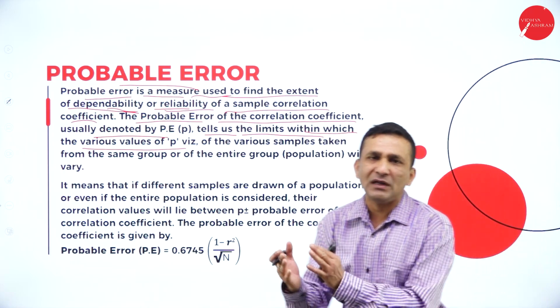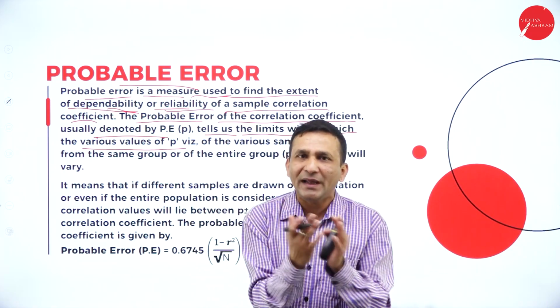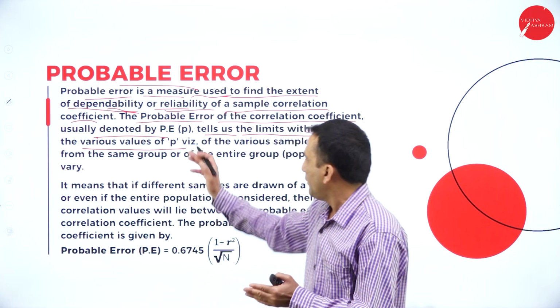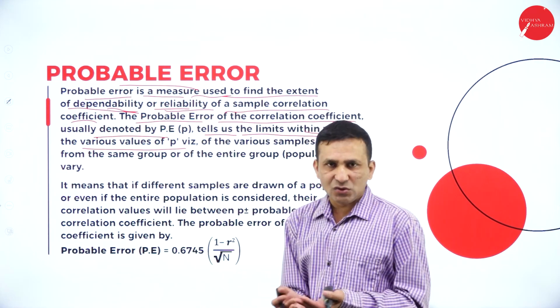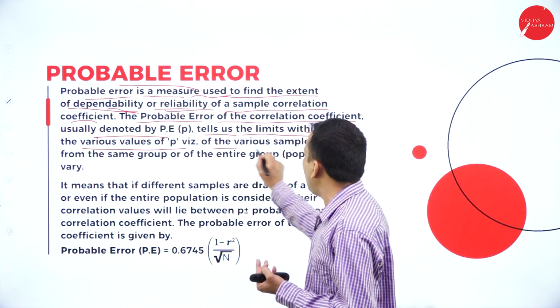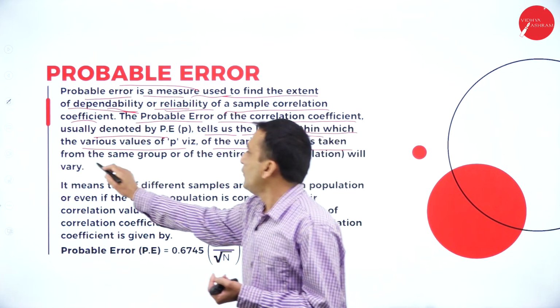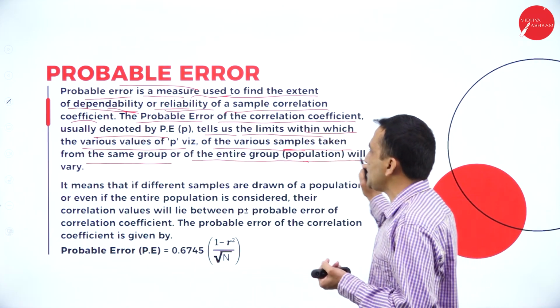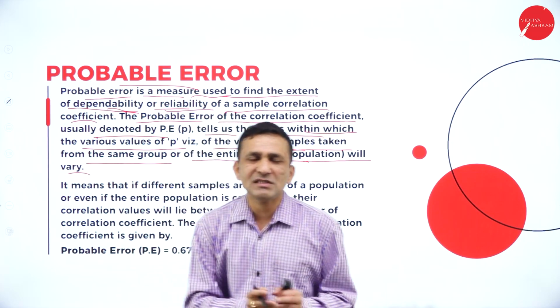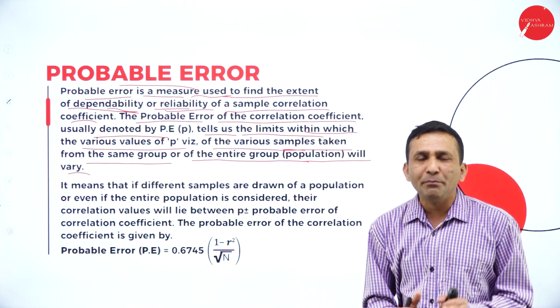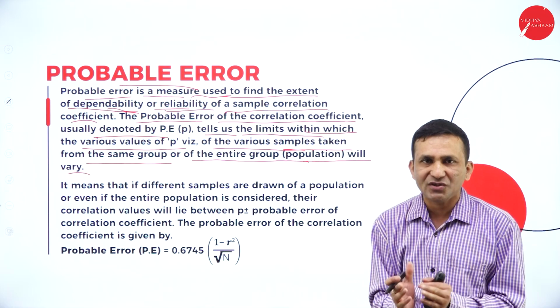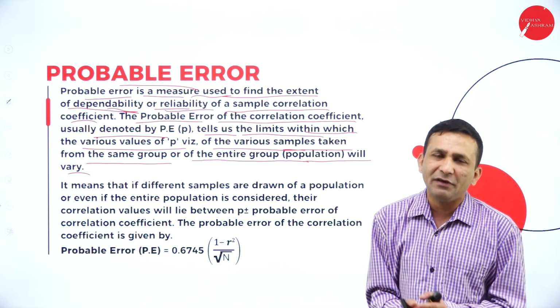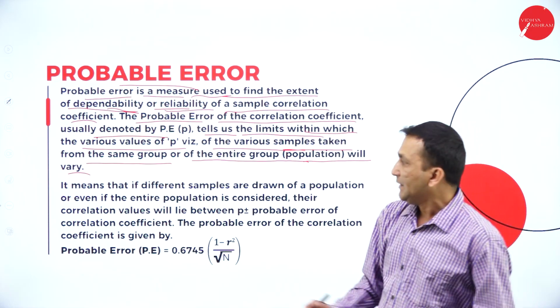We are doing the probable error using two variables x and y, deciding the value basis of the various samples taken from the entire group. The population will vary, because any probability depends on the population size. We are checking the variability and the errors.